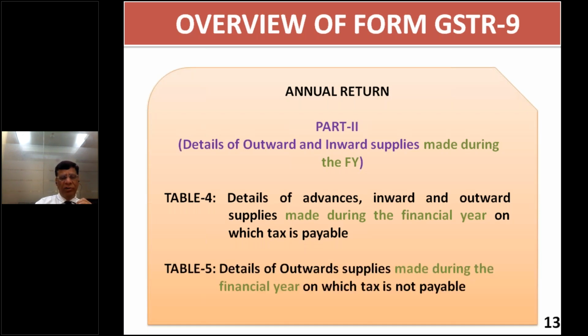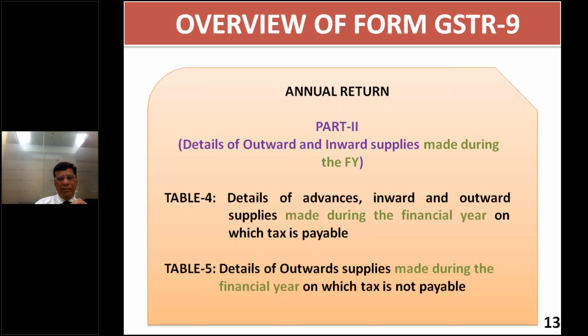Then there is Table 5, which contains details of outward supplies made during the financial year on which tax is not paid. Lawmakers are equally concerned with such supplies on which tax is not payable, because the taxpayer may claim his supplies to be non-taxable, or tax may not be paid on them because they may be like exports against LUT.